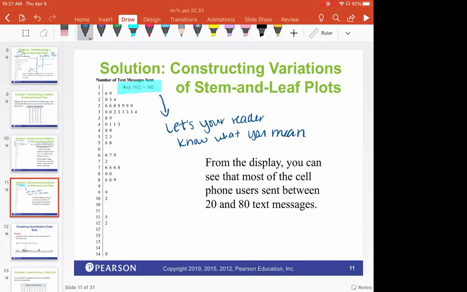So sometimes a key is helpful so you can see, okay, they're going by tens. So if I have 10 and 2, I know it's 102. If I have 1 and 6, that's 16, so forth. So a key could be nice to have for your readers so they know how you're splitting your stem and leaf, but it's not necessary.